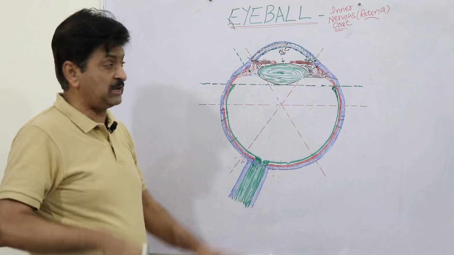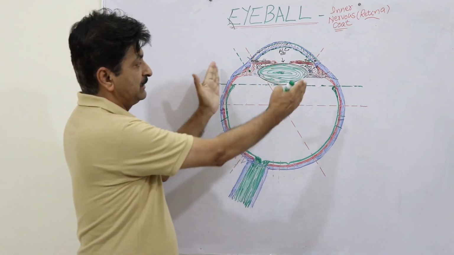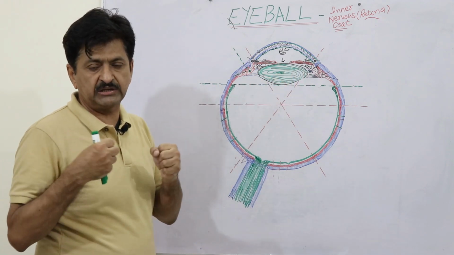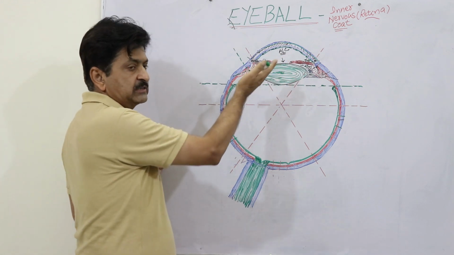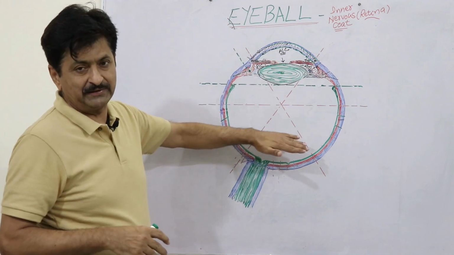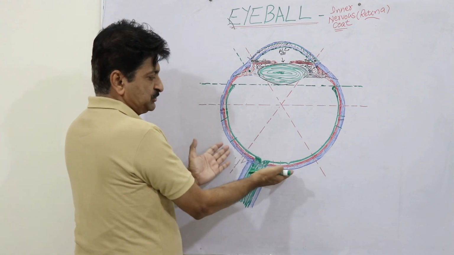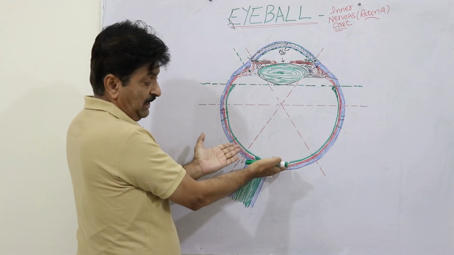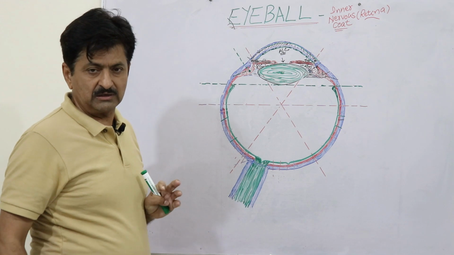Under the cornea is the iris, and under the visible sclera will be the ciliary body, and in the middle of the ciliary body will be the suspensory ligaments or zonular fibers which catch hold of the lens. So these comprise 2/6 of the eyeball, and the remaining 4/6 is hidden. In this hidden portion we have the 4/6 hidden sclera, then the choroid, also 4/6, and then the nervous coat, the retina.